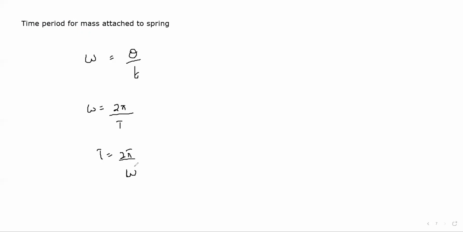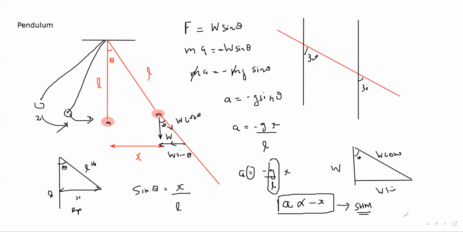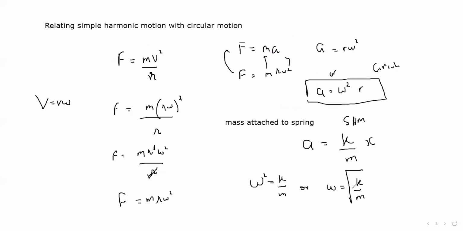And for a mass which is attached to a spring, omega is equal to square root of k divided by m.